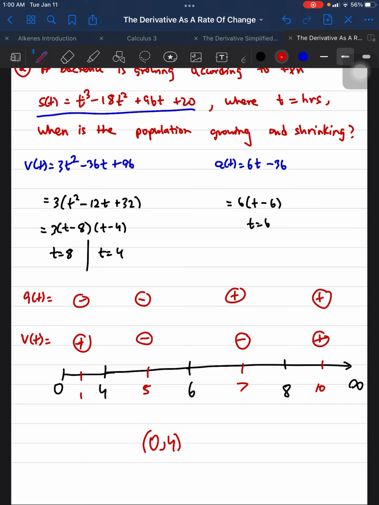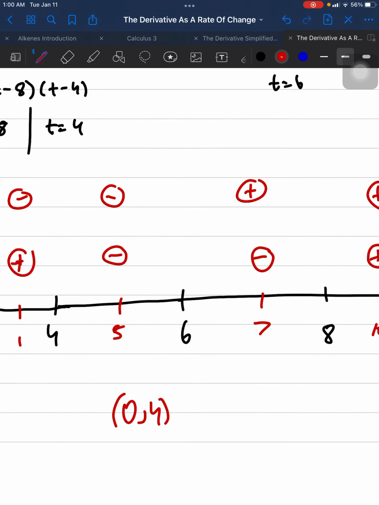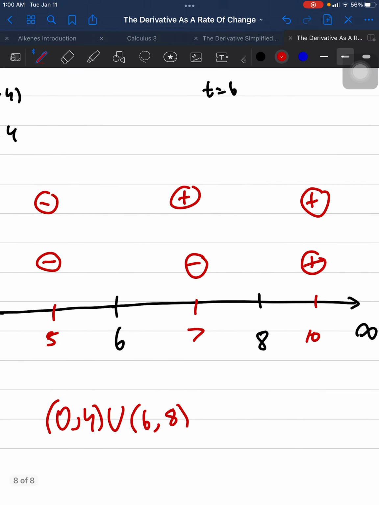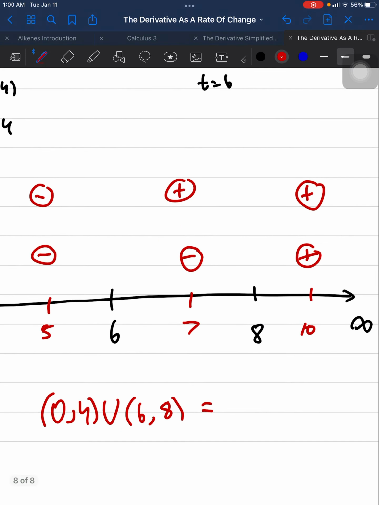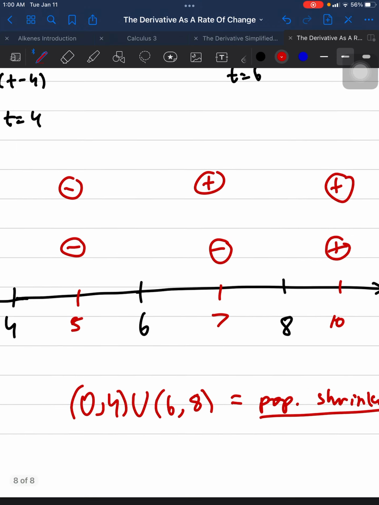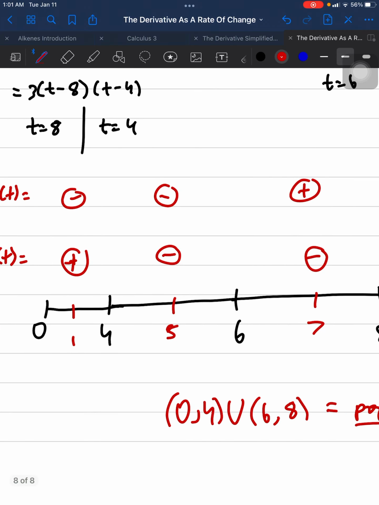And in between times 6 and 8, the population is also shrinking because the signs are different for acceleration and velocity. So these are the intervals where the population is shrinking for the bacterial colony.